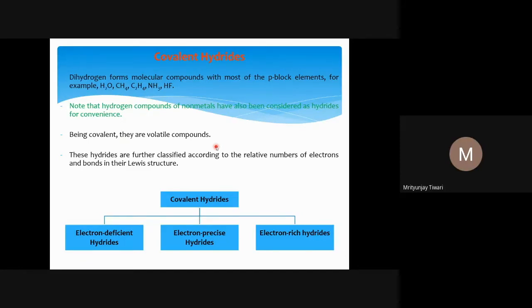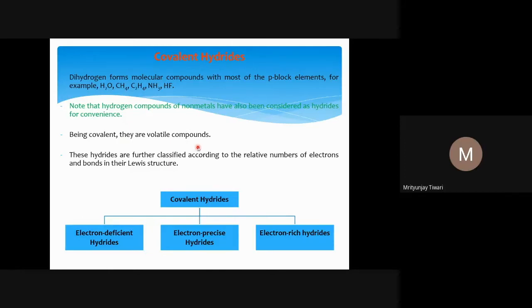Because of these weak interactions, their melting and boiling points are, sorry, low. I'm very sorry. Because of the weak electrostatic attraction between molecules, the melting and boiling points are low, and since melting and boiling points are low, they are volatile.